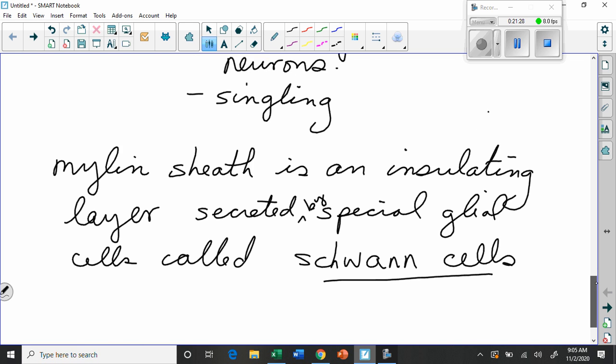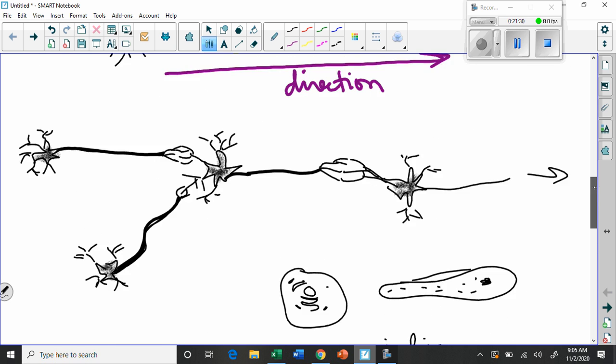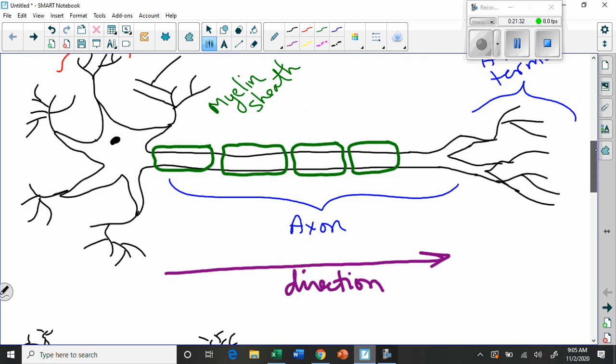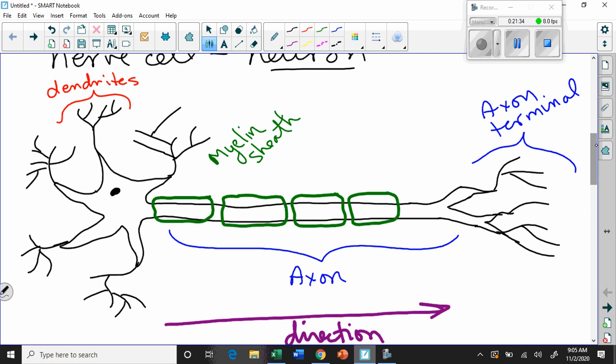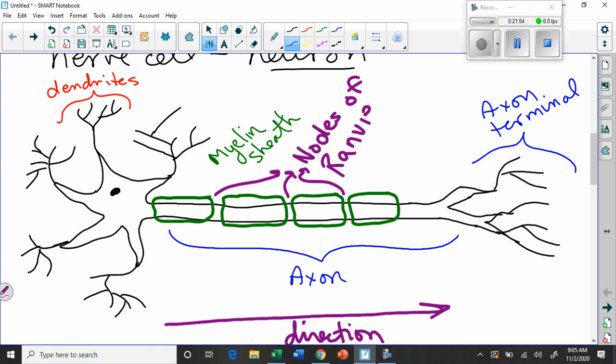I want to go back to our picture. I should have labeled one more thing on this neuron, which I realize now I forgot. You'll notice when I drew the myelin sheath in green, there were spaces between it. And those spaces are rather important. Those spaces are called nodes of Ranvier, named after, again, people who discover things.